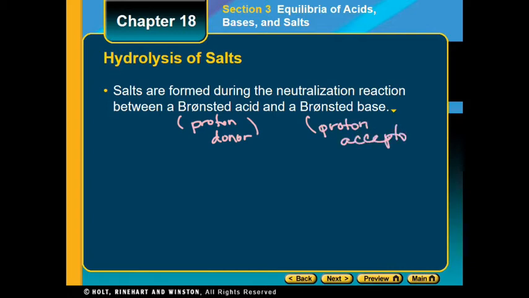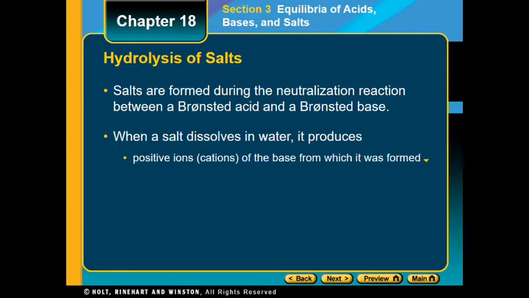And by proton, we are talking about the hydrogen ion, H+. Keep that in mind as we go through some of the different examples as we're explaining these things. When a salt dissolves in water, it's going to produce cations of the base and anions of the acid from which they are actually formed.